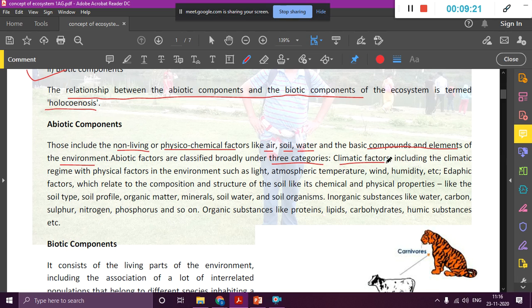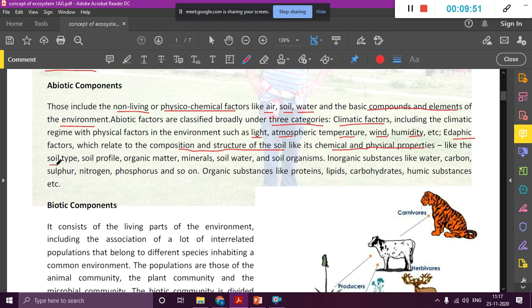One is climate, that includes climatic factors such as light, atmosphere, temperature, wind, humidity. This is your climatic factors. Then you have edaphic factors, like the composition and structure of the soil, the chemical and physical properties of the soil. These are known as the edaphic factors. Then soil profile, soil type, etc. All these things.